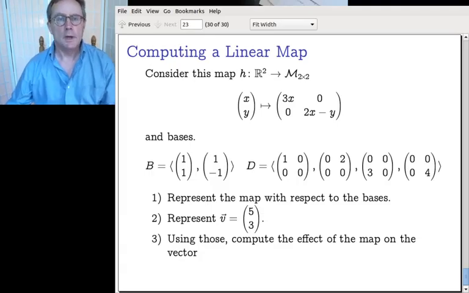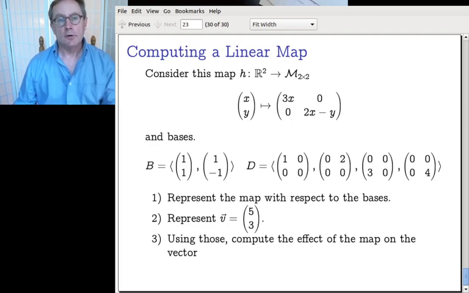So last time we learned how to represent a map so that it makes easy the computation of h of v. We basically put the information that we need into a matrix.